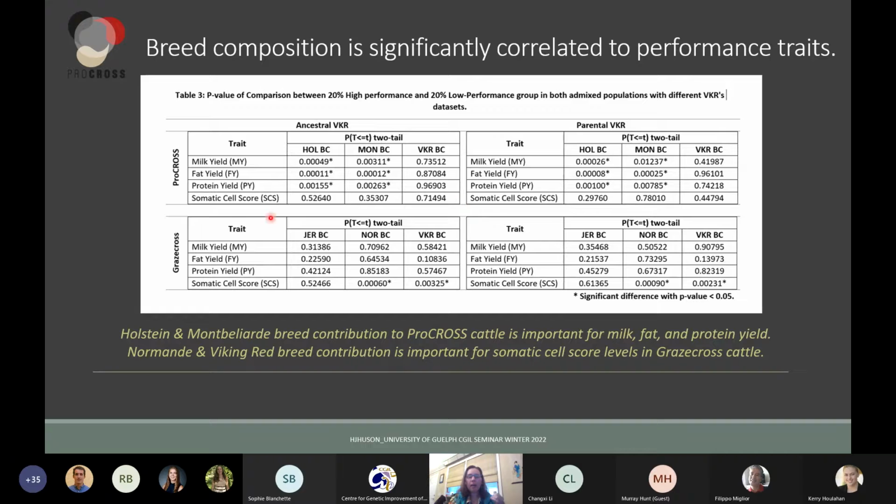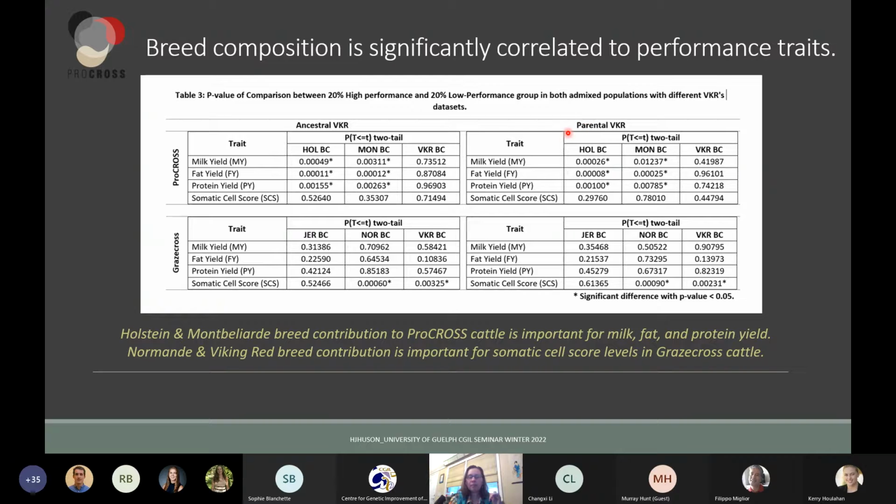So we had information on fat, protein, and milk yield, as well as somatic cell count in these animals. And we looked at breed composition estimates. Over here, we're using those ancestral ones of the Swedish, Danish, and Finnish animals. Over here, we have the parental commercial Viking Red.